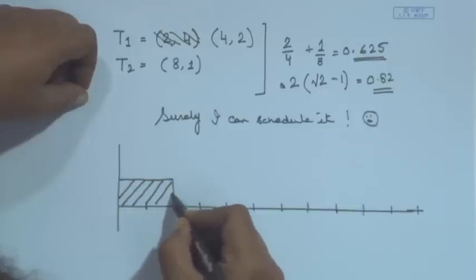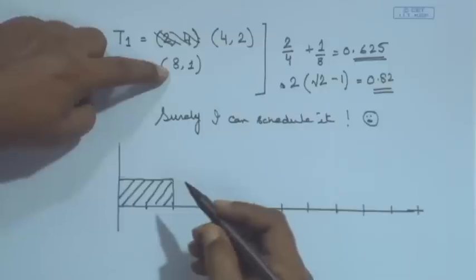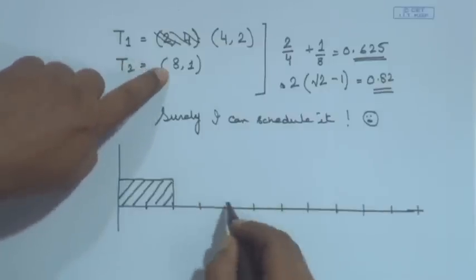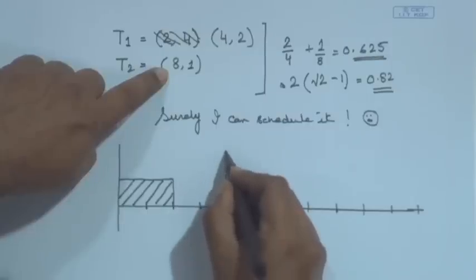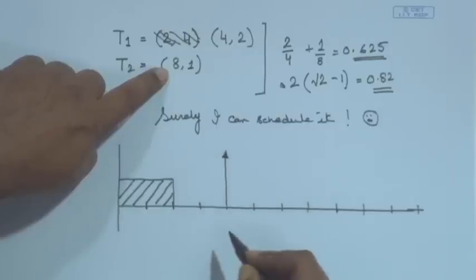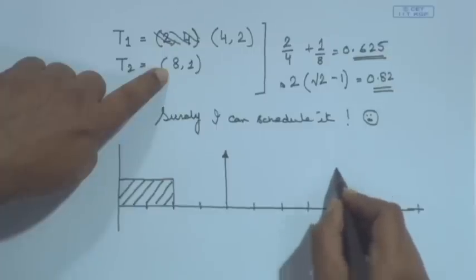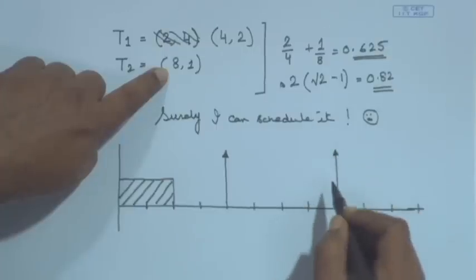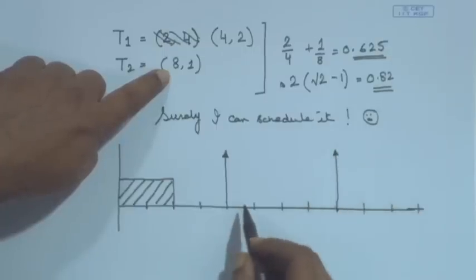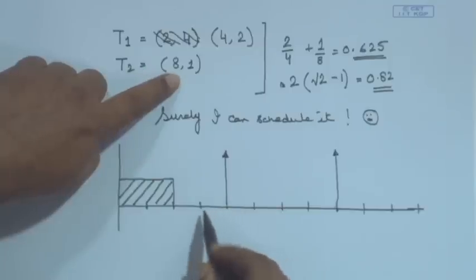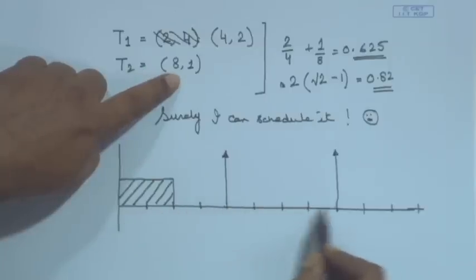T1 has executed. Now, T1 comes again here, this is the arrival time of T1 after 4 units. Again 1, 2, 3, 4, again T1 comes here, and T2 comes after 8 units, and takes 1 execution time. So, 1, 2, 3, 4, 5, 6, 7, 8.